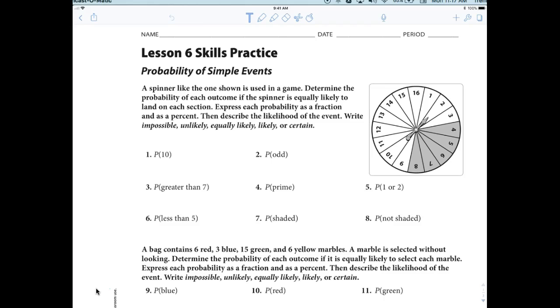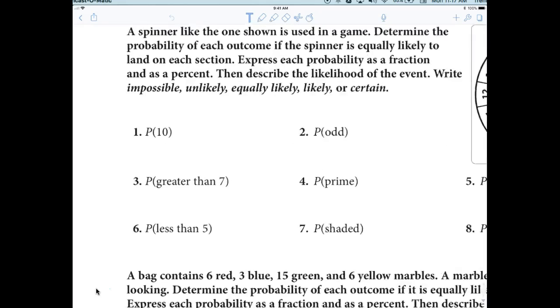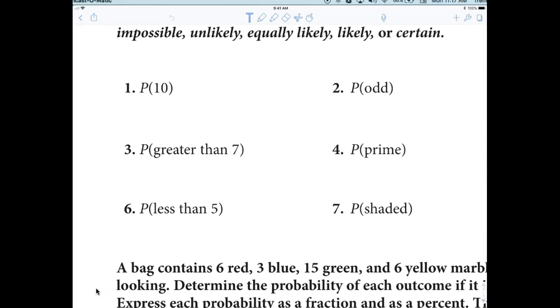So can somebody tell me what's the probability of getting a 10? Exactly right. So the probability of getting a 10, we would say, is 1 out of 16. All right, is everybody okay with that? Now again, remember, probability is success.